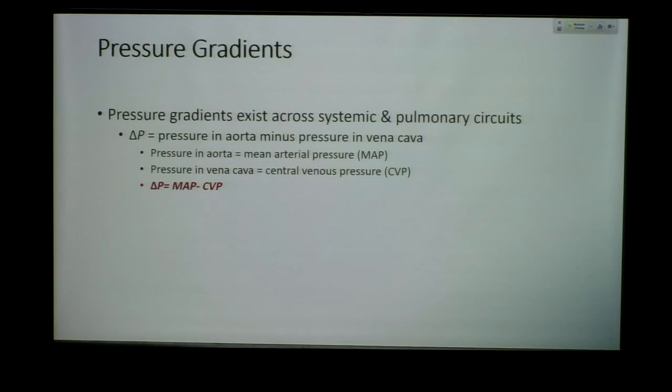Now let's look at how we actually measure those pressures. In the aorta, we talked about this value last semester, the mean arterial pressure. We described this as being related to the systolic and the diastolic pressure. So on the arterial side, in the aorta, we can identify the pressure through the mean arterial pressure.